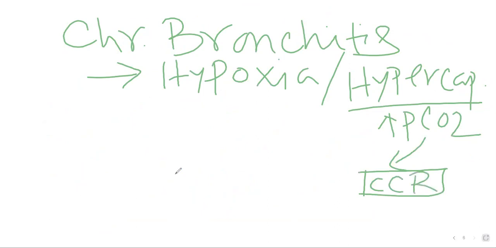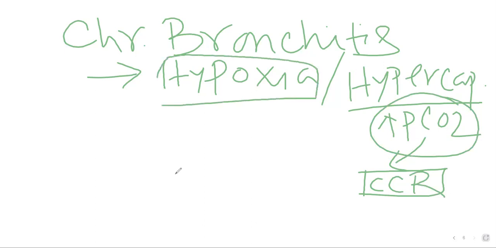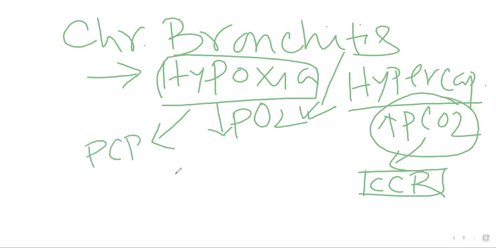That means the central chemoreceptor will become insensitive to increase in the PCO2 level, and that will lead to only the triggering effect of the hypoxia, or the decreased partial pressure of the oxygen. And due to this effect, this hypoxic situation ultimately continues the respiratory drive in case of chronic bronchitis or the COPD patient. So this decreased PO2 ultimately stimulates the peripheral chemoreceptor and subsequently it will increase the ventilatory drive.